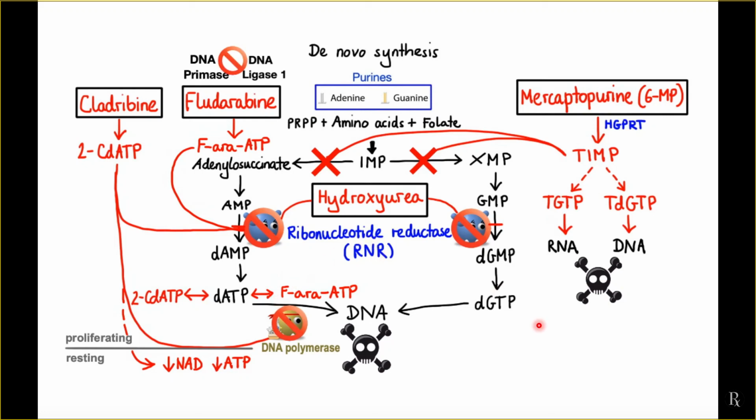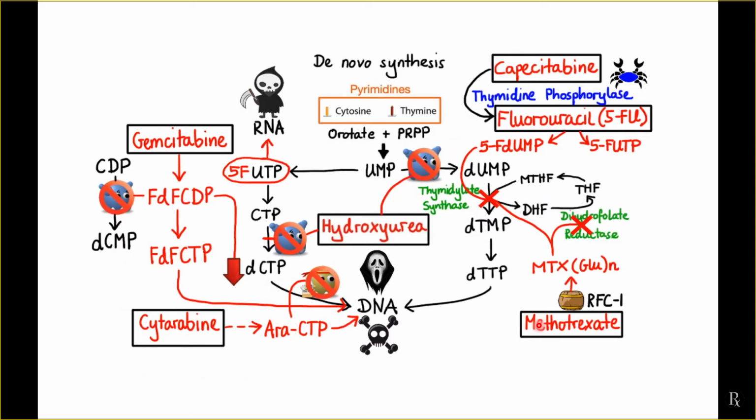Okay, then let's move to the pyrimidine synthesis. For the pyrimidine synthesis, we have fluorouracil that is close to the 6-mercaptopurine. 5-fluorouracil is also a prodrug that is converted to the 5-fluorodeoxy-UMP and 5-fluoro-UTP.